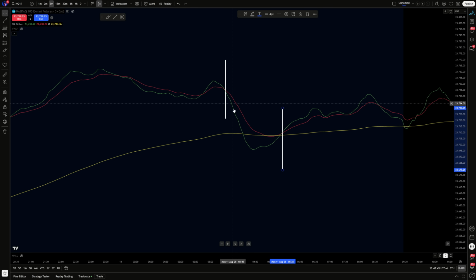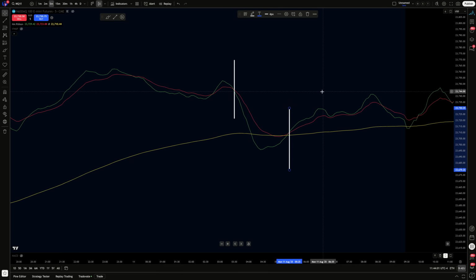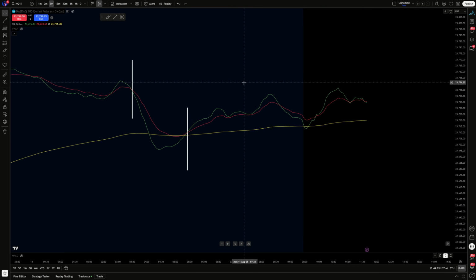So we enter here, we're bearish up until the 200, right? And we enter here bullish because we're above the 200. Anytime you're above the 200, you want to look for bullish only trades. Below the 200, you're looking for bearish only trades.